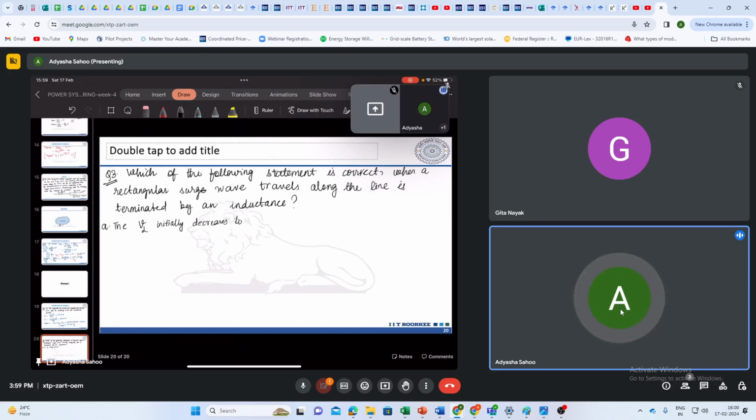to double the value of the incident wave and increases exponentially.